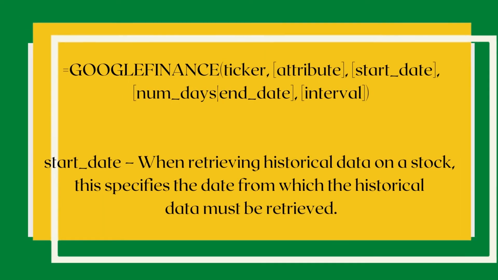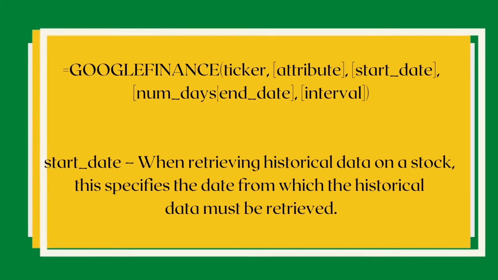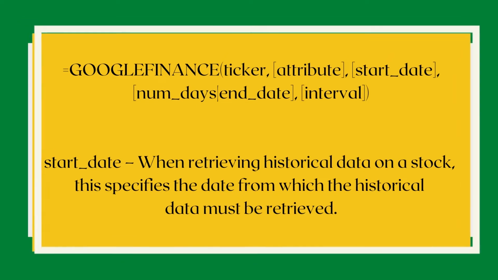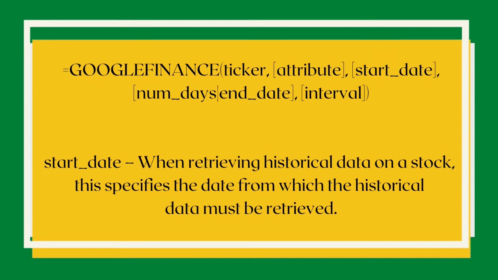When retrieving historical data on a stock, start_date specifies the date from which the historical data must be retrieved. This is an optional argument. If you leave it empty, the function will return data for today.